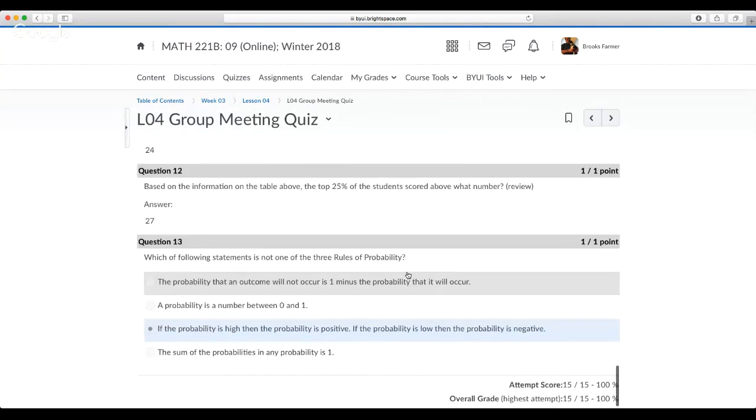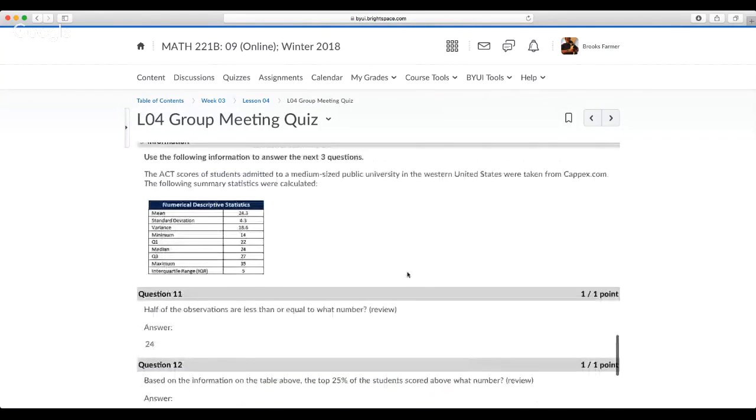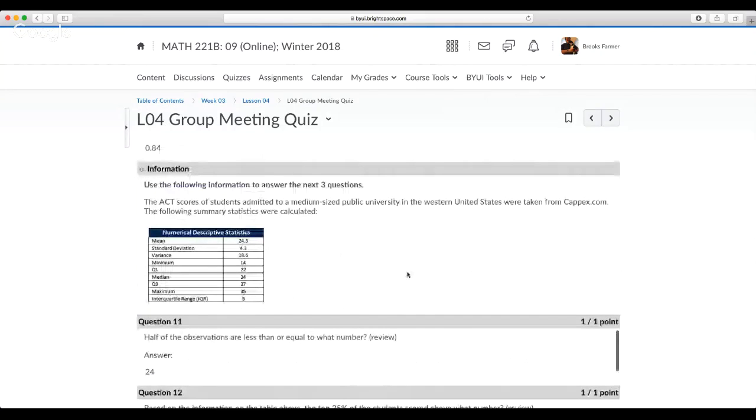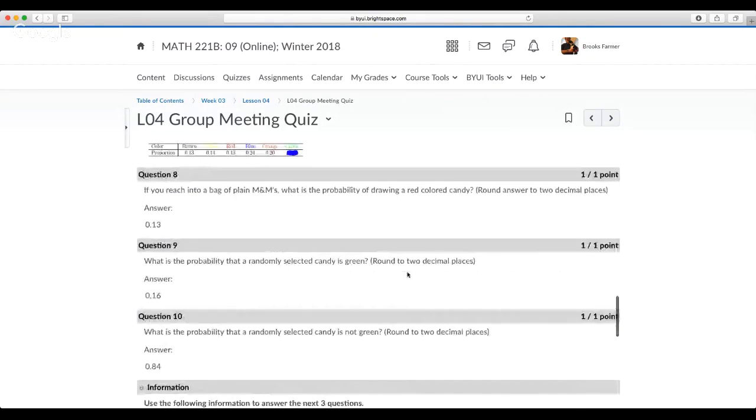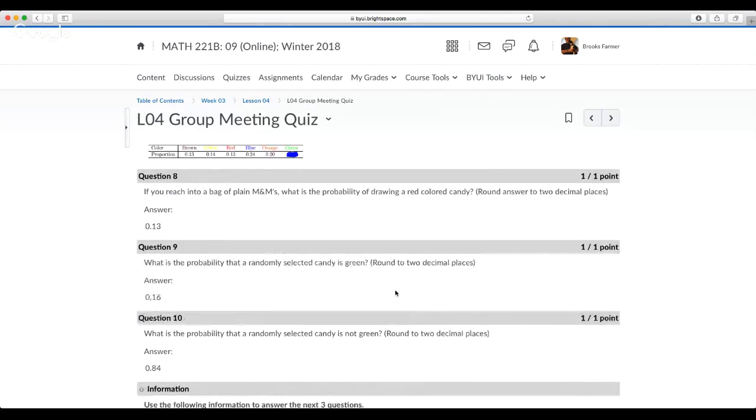I think I mixed up number 9, number 10. Well, number 9 is simple. It's 0.16, right? And then 10, 0.84. Yeah. Oh, yep. I pretty much got 100. Well, you can go back and try it again. You should be able to get it correct this time.